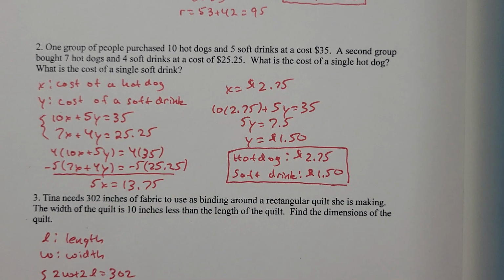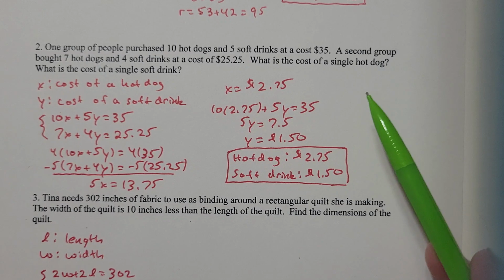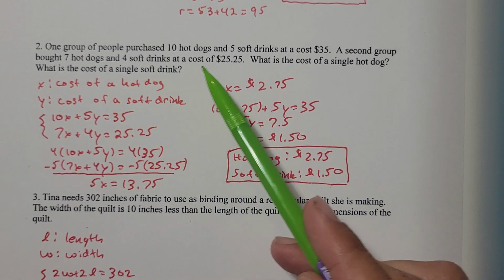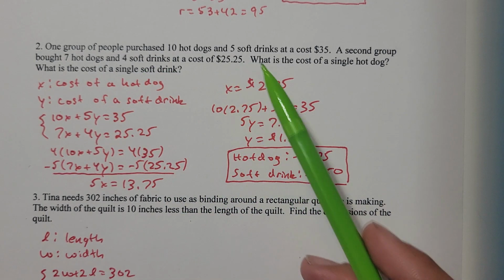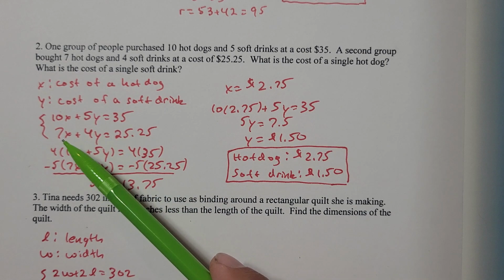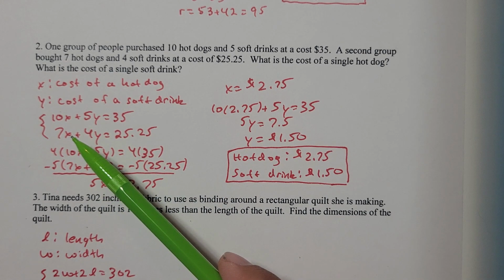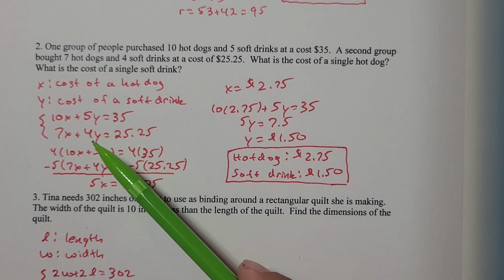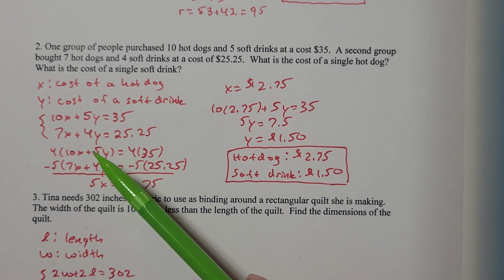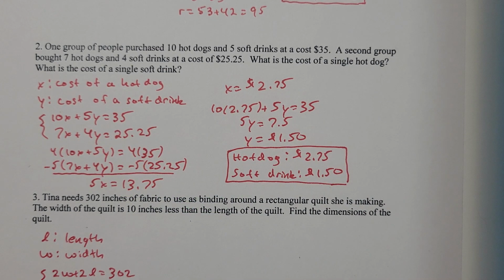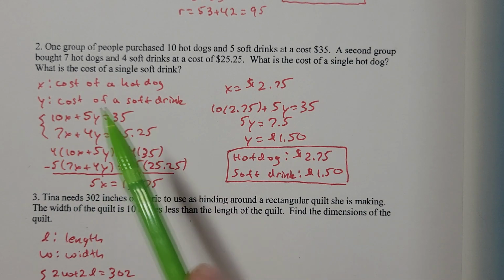That's the first equation. The second group bought 7 hot dogs and 4 soft drinks at a cost of $25.25. So you got 7 hot dogs at a cost of X dollars per hot dog, plus 4 soft drinks at a cost of Y dollars per soft drink, and they paid $25.25. So this here would be the system that we would need to solve.